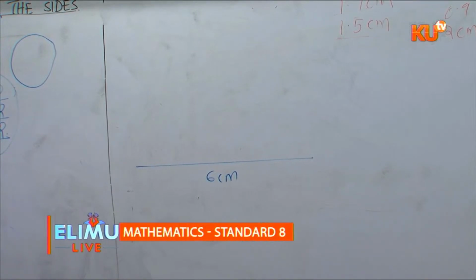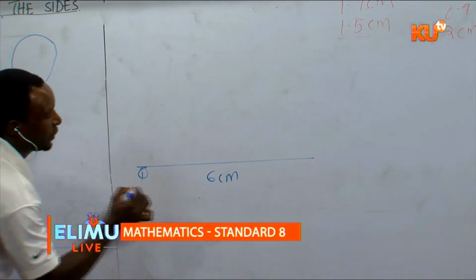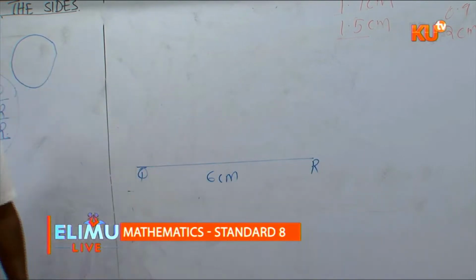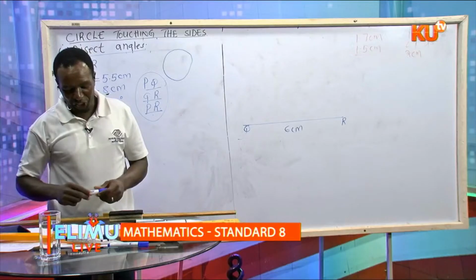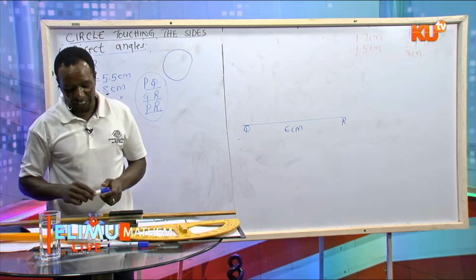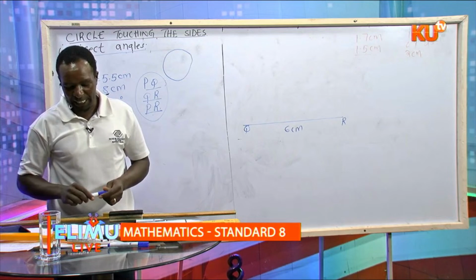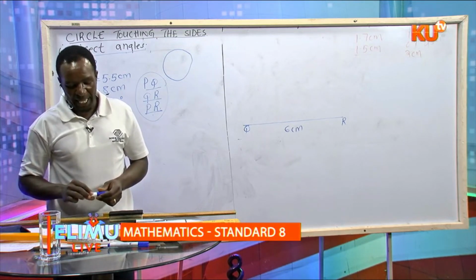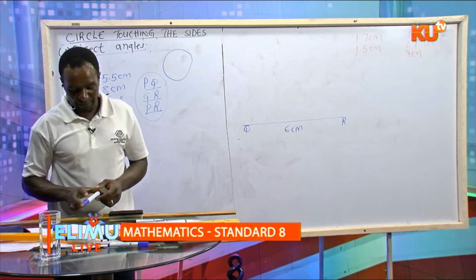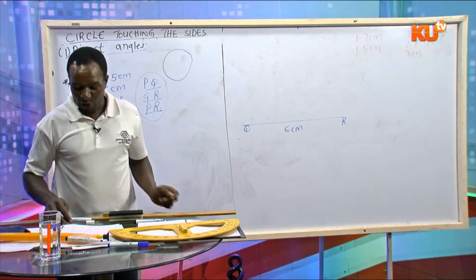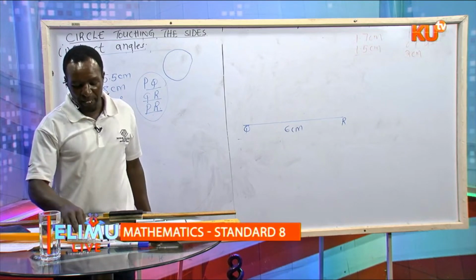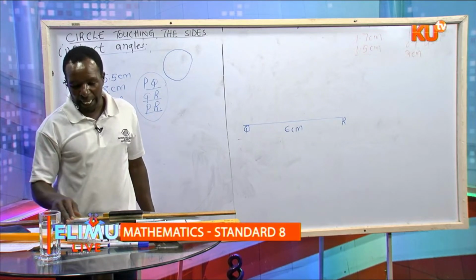So on the line QR given below, construct a triangle PQR in which QR is equal to 6 centimeters, PR 4.5 centimeters, and angle PRQ is equal to 120 degrees. Construct a circle that passes through P, Q, and R.